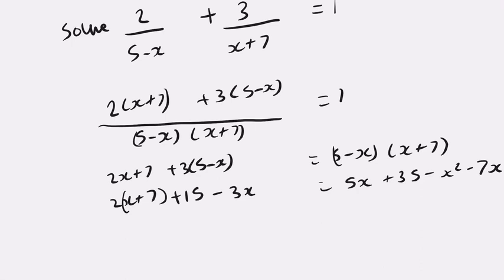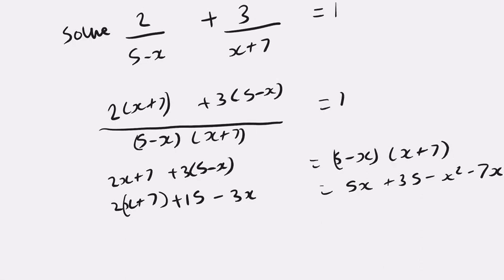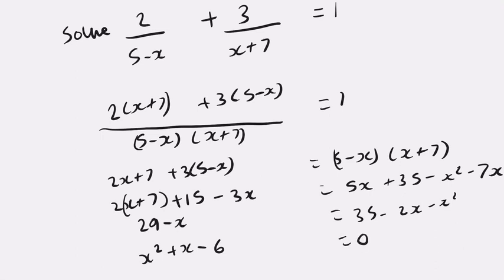So that'll be 2x plus 14, which would be 29 minus x if you simplify the left-hand side, and that would equal 35 minus 2x minus x squared. Now bring everything to one side and make the right-hand side equal 0. That would be x squared plus x minus 6 equals 0. How did I get that? 29 minus 35 is minus 6. Minus x plus 2x would be x. And for minus x squared, you add the x squared to the other side to cancel that out. So that's how I got that.